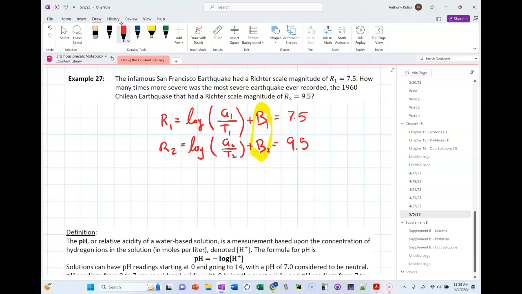So when I want to find this relative severity, basically I'm going to want to look at the difference between these two earthquakes, right? So I'm going to do this.